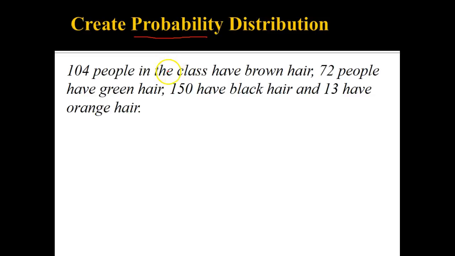That's the probability we're looking for, and then we'll also do that for green hair and black hair and orange hair. Okay, so how do we find those probabilities?